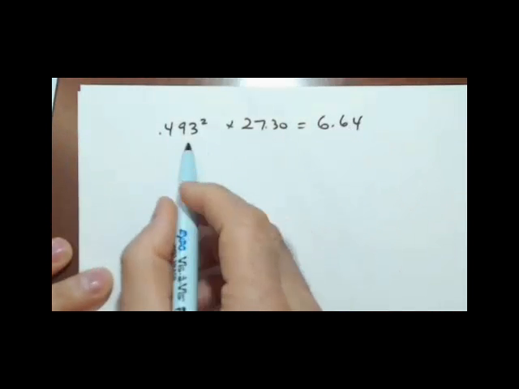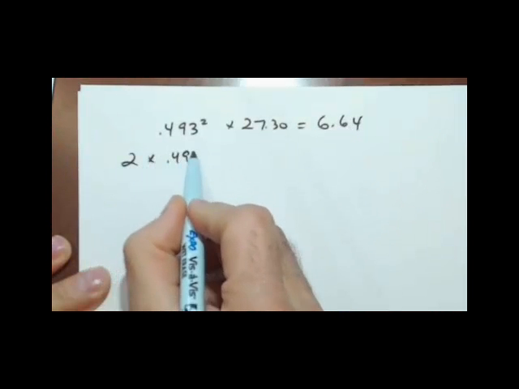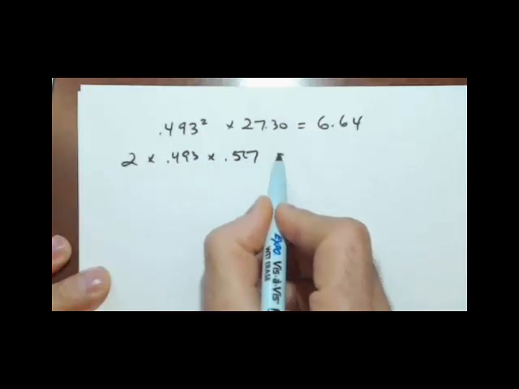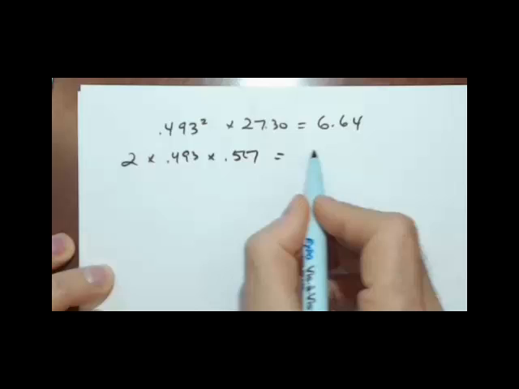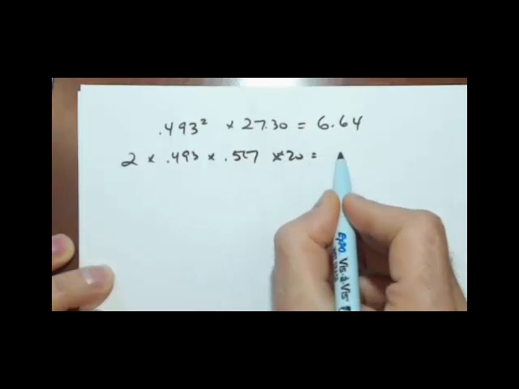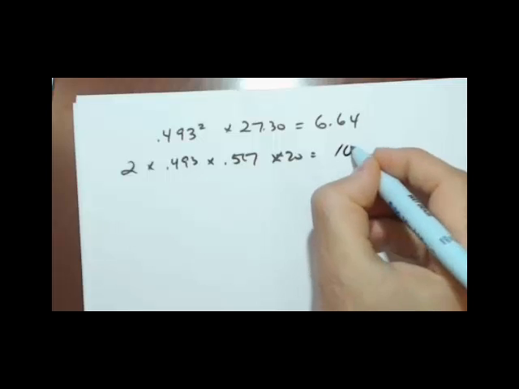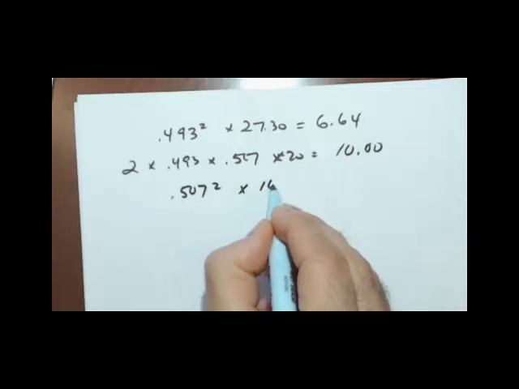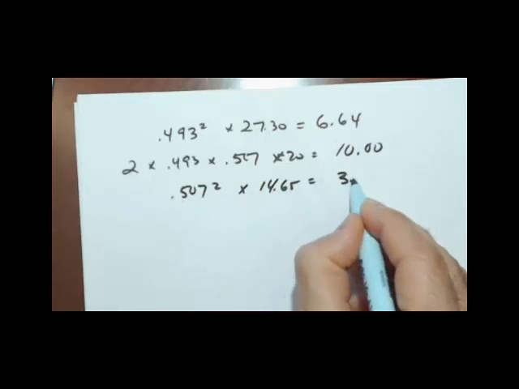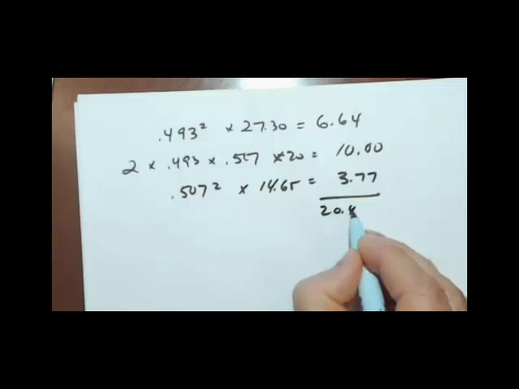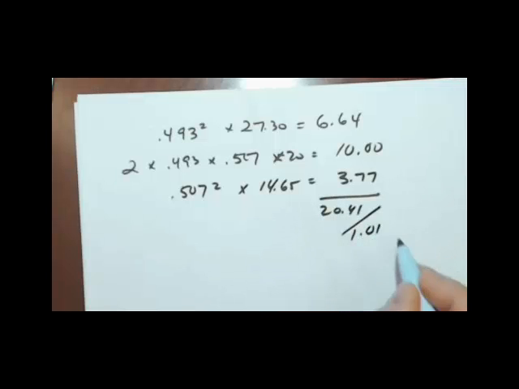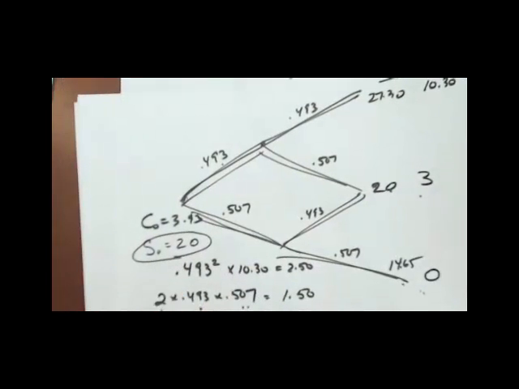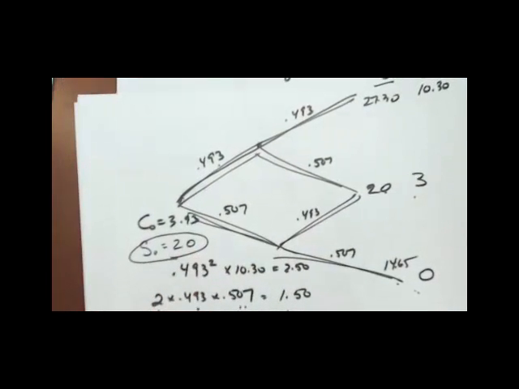Sorry about that. 2 times 0.493 times 0.507 times 20 equals, yep, that's $10. And then 0.507 squared times 14.65, that equals 3.77. Added up, 20.41. Discounted at 1.01 squared for 2 periods, and that equals $20. And that is the stock price I just told you a second ago. The stock price at the beginning we started out with was $20.